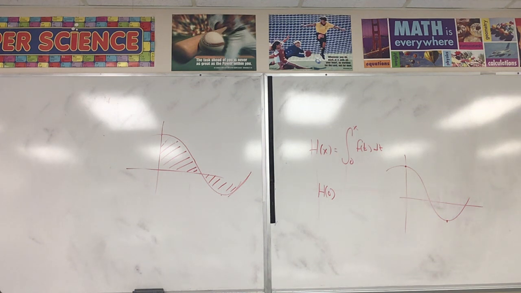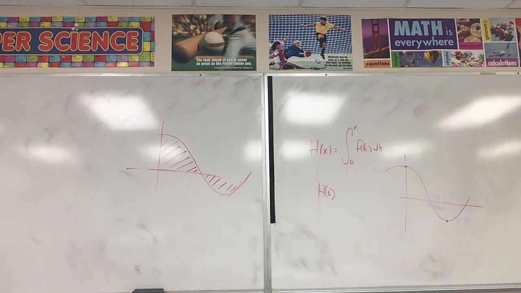Where does h of x achieve its maximum value? Now again, h of x is talking about the function, correct? Because h of x is the integral of f of t, which is the derivative. So I'm looking at the function. Where does my function achieve its maximum value?